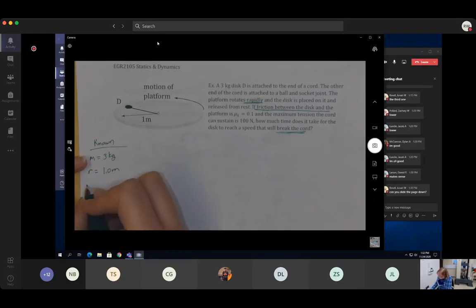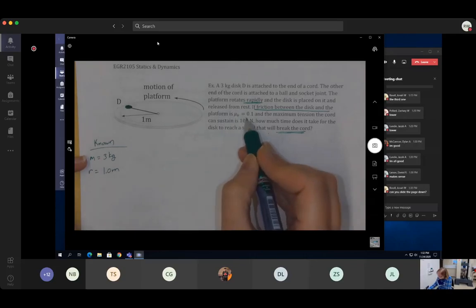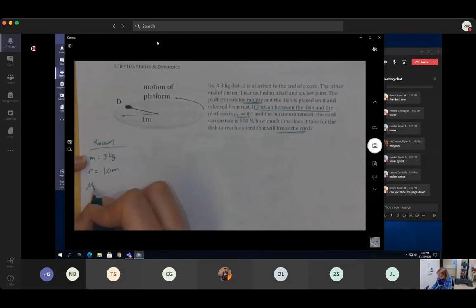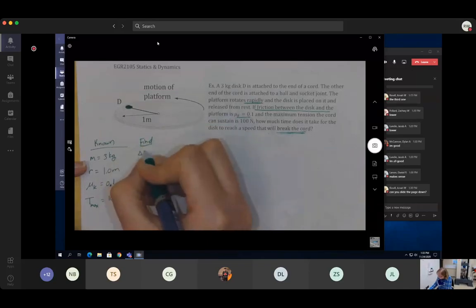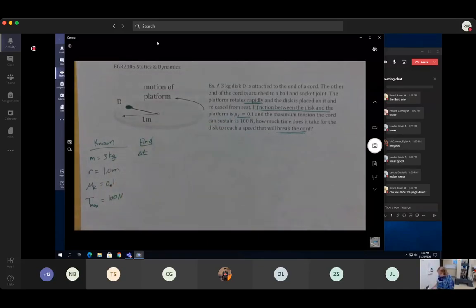We know that our kinetic friction has a coefficient of 0.1. And we know that the maximum tension in our cord is 100 newtons. And we're trying to find the change in time until we get to a point where the cord breaks.